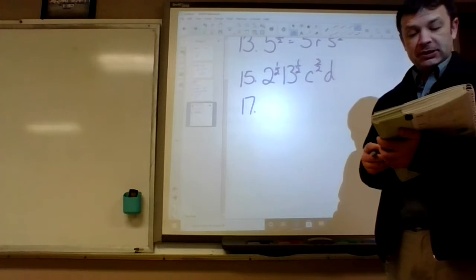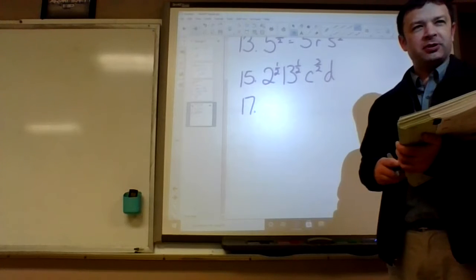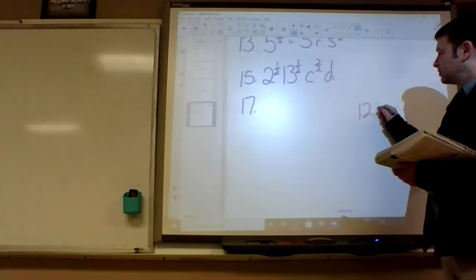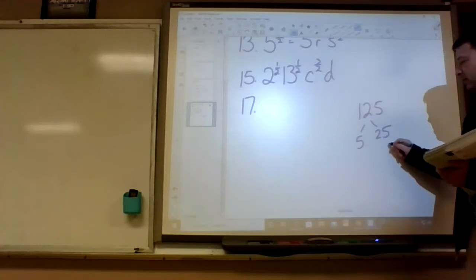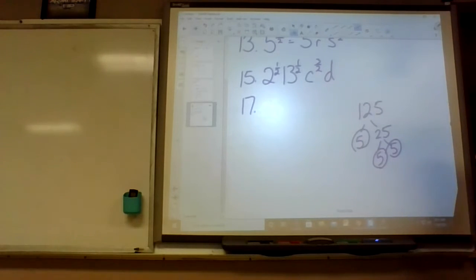Alright. 17. 125. We've seen that before. 125 is what to the what? Not 25 squared. It's 5 cubed.